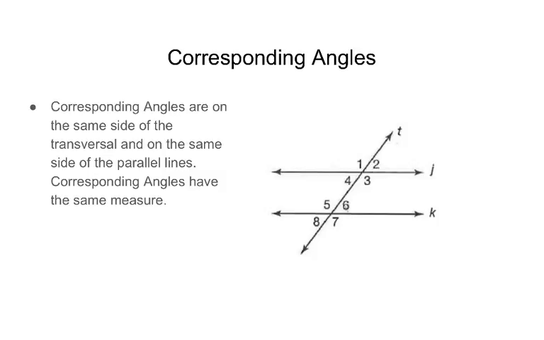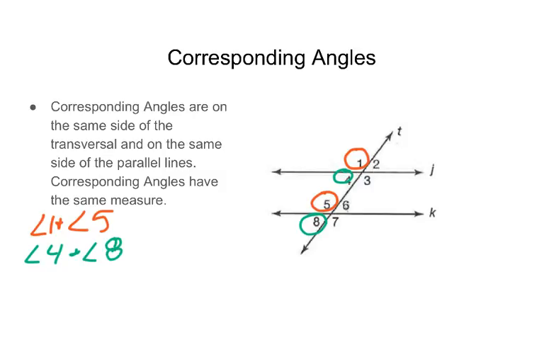So angle 1 and angle 5 are corresponding angles. I'll circle those. They are on the same side of the transversal and they're on the same side of the parallel line. See how 1 is above the first parallel line? 5 is also above the first parallel line. Let's look at another set. 4 and 8 are corresponding angles.